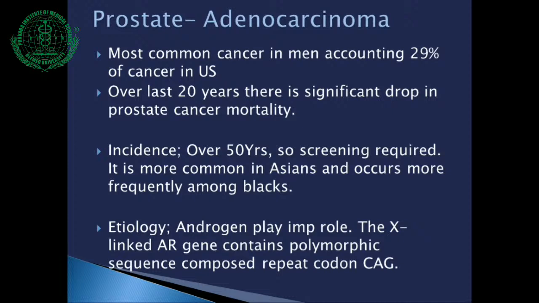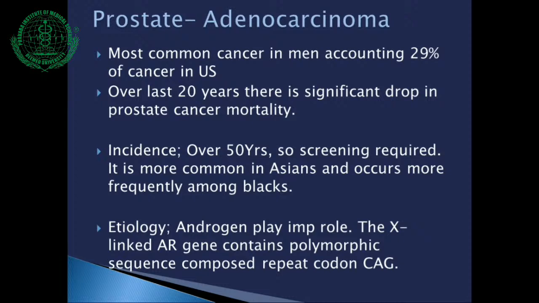Then the prostatic adenocarcinoma. It accounts for 29% of cancers in the US, though there is a decrease in the cancer rate in the last 20 years. The disease occurs at about 50 years of age.